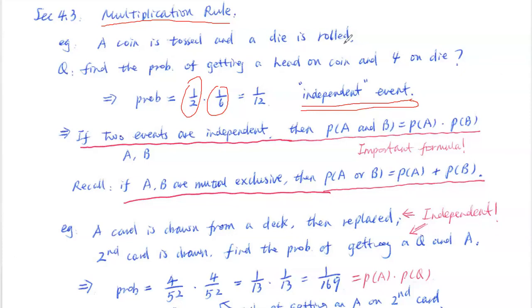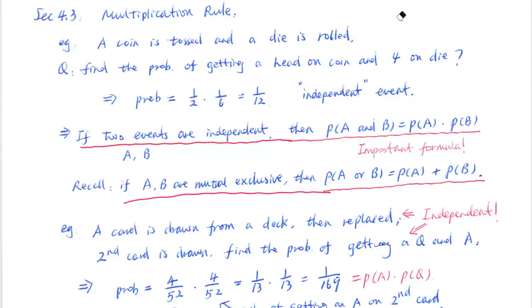We ask ourselves, does the order matter? Like which one goes first, which one goes second? No. I can toss the coin, I can roll a die. That will not impact my outcome. So that's the reason we say those two events are independent.